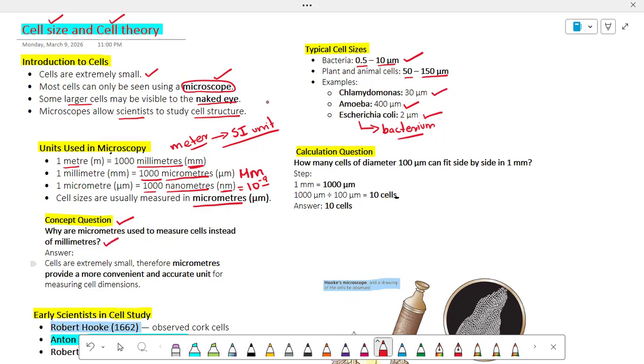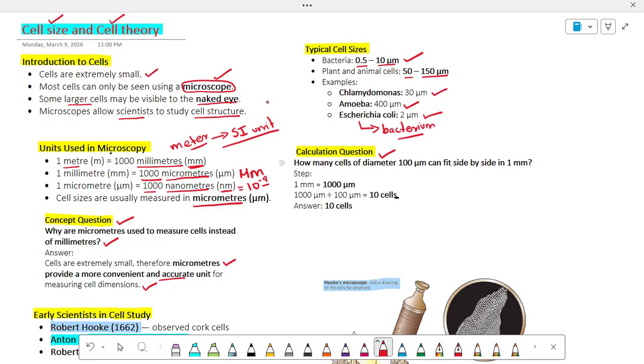The answer is cells are extremely small. Therefore, micrometers provide a more convenient and accurate unit for measuring cell dimensions. So that's why we use micrometers instead of meters or millimeters, because these units are relatively larger than micrometers.